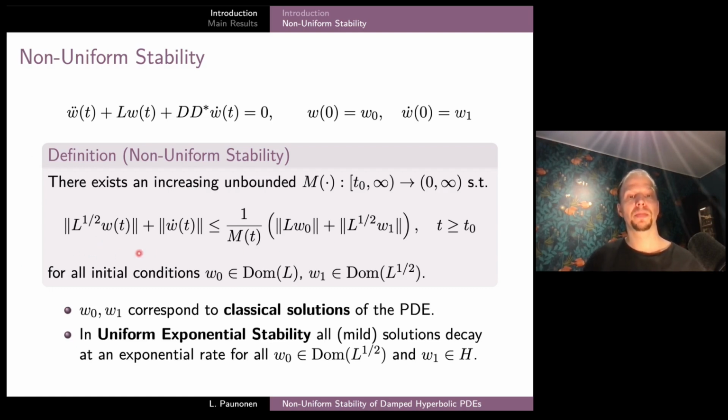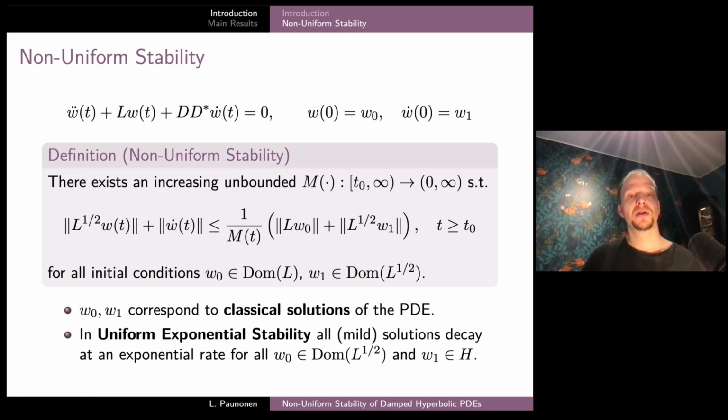So here on the left-hand side we have the quantity that we're interested in related to the solution of the equation. On the right-hand side we have a factor which converges to zero with a rate determined by this increasing unbounded function m, and then we have a factor which is only dependent on the initial states of our equation.